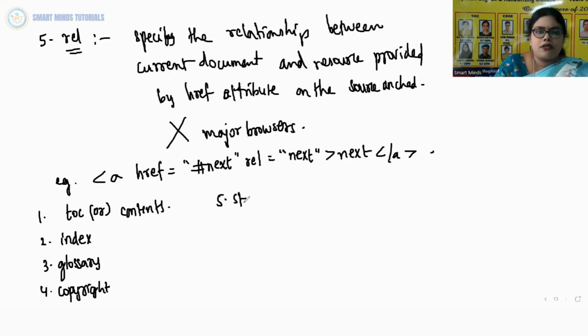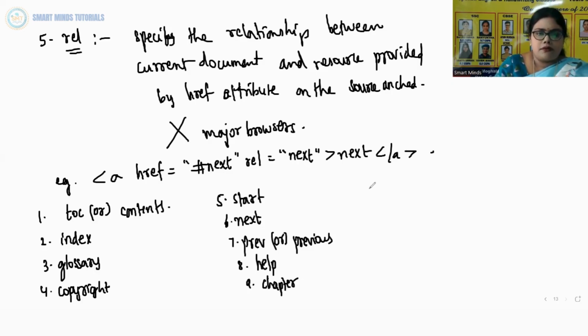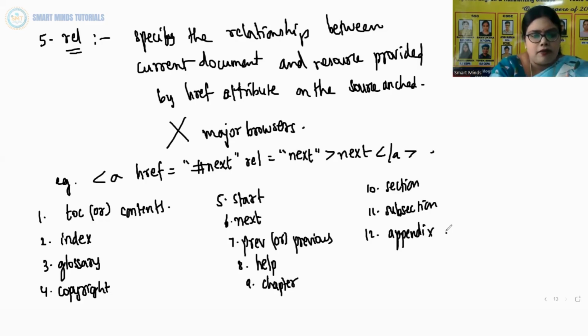Number 5 is start. Number 6 is next. Number 7 is prev, or you can say previous. Number 8 is help. Number 9 is chapter. Number 10 is section. Number 11 is subsection. Number 12 is appendix. So these are the values the rel attribute can have.